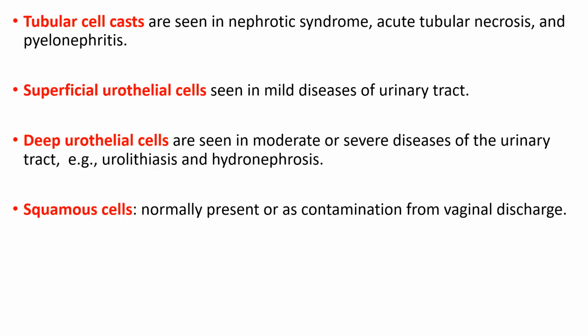Tubular cells are seen in nephrotic syndrome, acute tubular necrosis, and pyelonephritis. Superficial urothelial cells are seen in mild disease of the urinary tract. Deep urothelial cells are seen in moderate or severe disease of the urinary tract, such as urolithiasis and hydronephrosis. Squamous cells are normally present or appear as contamination from vaginal discharge.